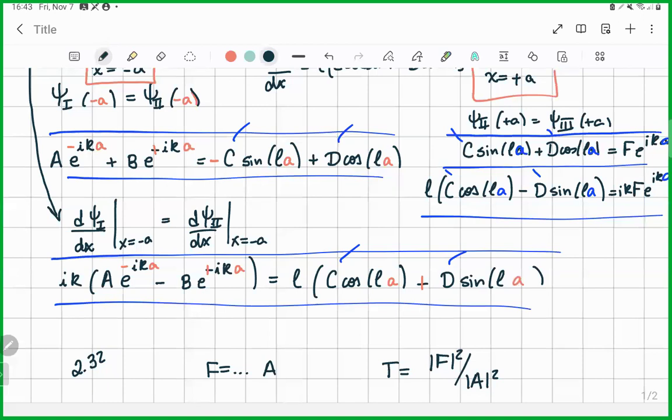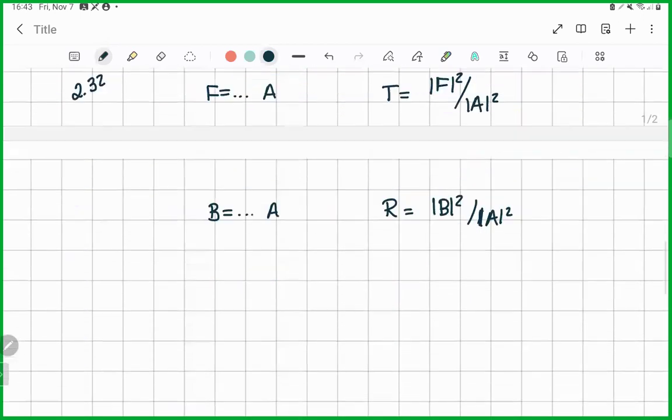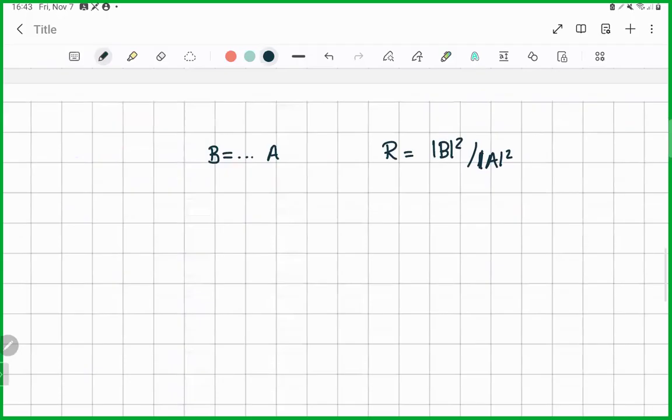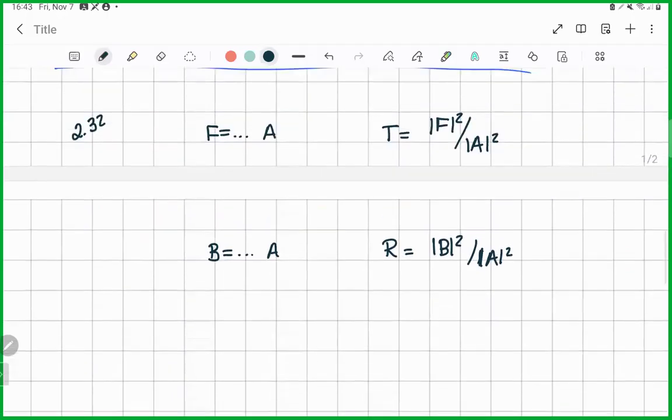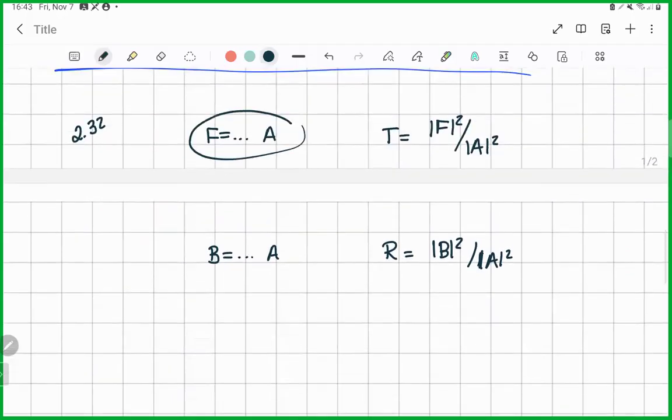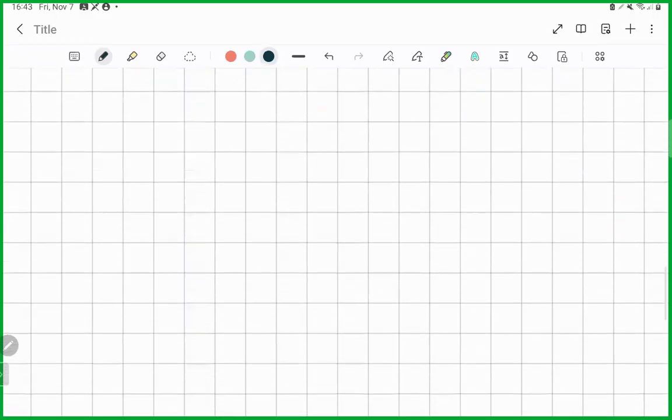I'm just going to discuss with you the solutions. Okay, so once you find this relationship between F and A only, you are able to get the transmission coefficient, as we said. And what is going to be this transmission coefficient? I'm going to copy this from your book, and this is the equation 2.172.